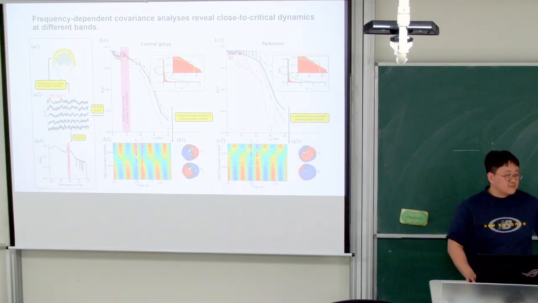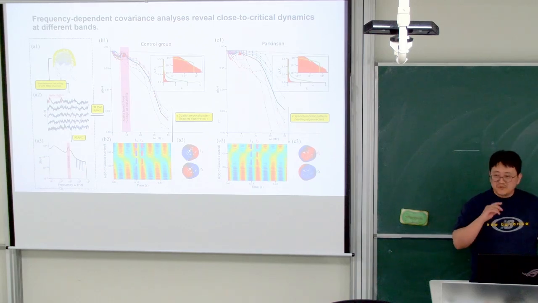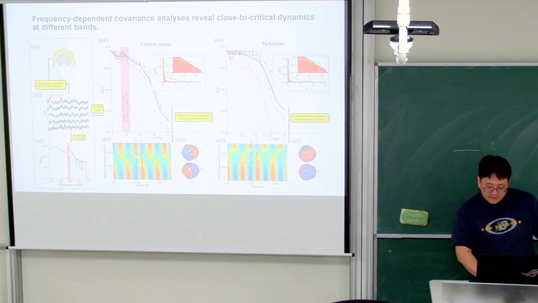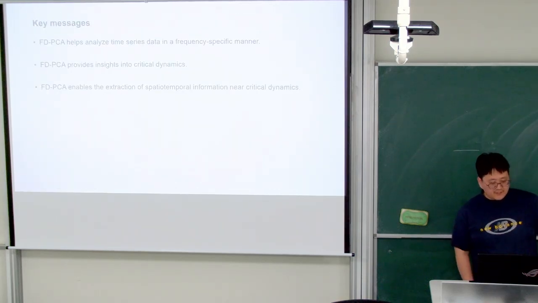Yeah. But I don't know why they compare these two results. Anyway, but still, if you see the profile of G, there is a more prominent peak near the alpha frequency. Okay. So, yeah.